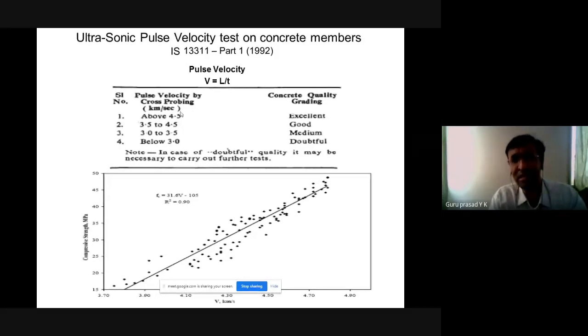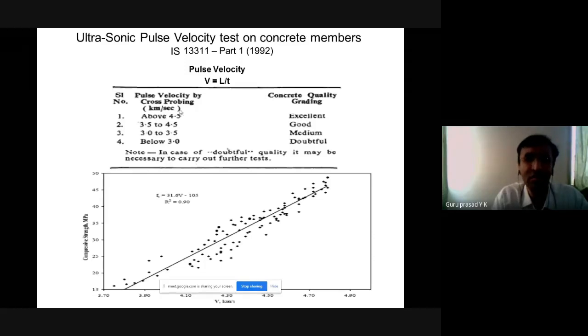You divide the path length by the transit time to get the velocity, and convert it to kilometer per second units. If that value is above 4.5 kilometer per second, the concrete quality is excellent. It means it is well compacted, the mix design is as expected, and it is of a very good quality.